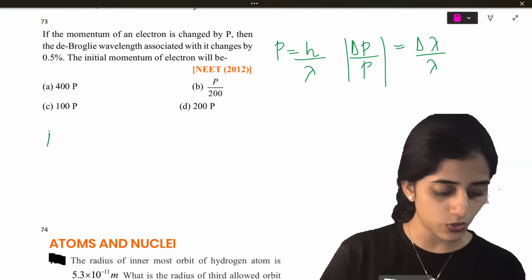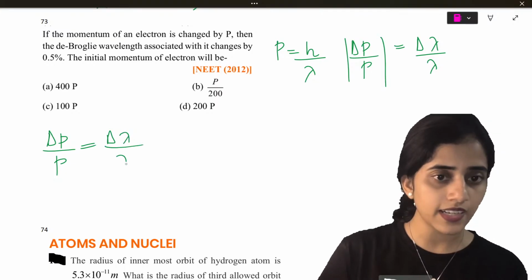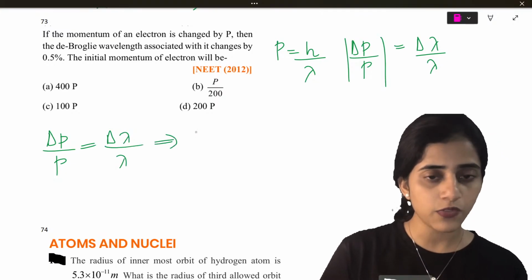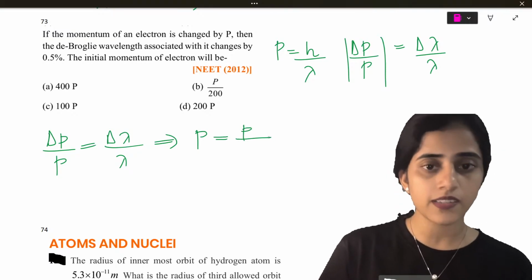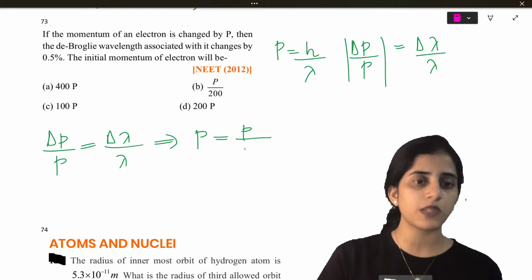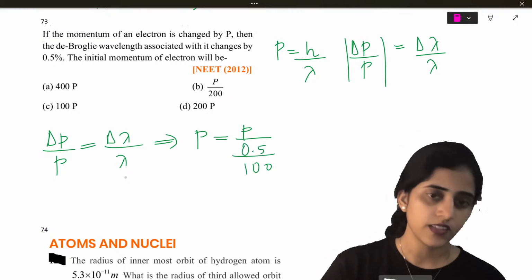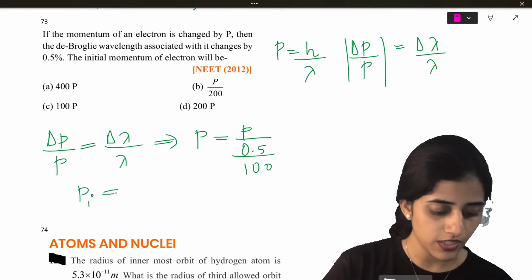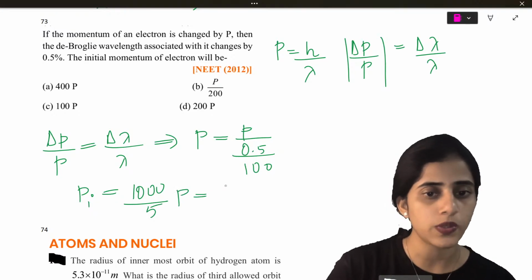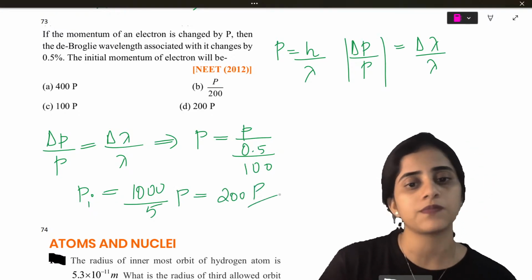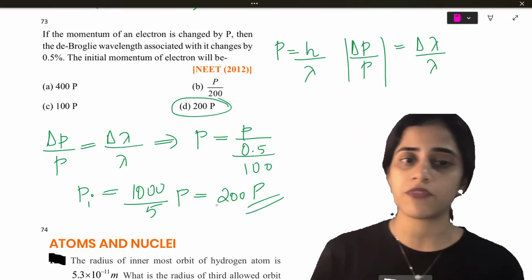Therefore, P is going to be equal to P divided by 0.5%, which is 0.5 by 100. So P initial is going to be equal to 1000 by 5 into P, which is 200 P. I'm just taking 1000 by 5 to simplify easily.